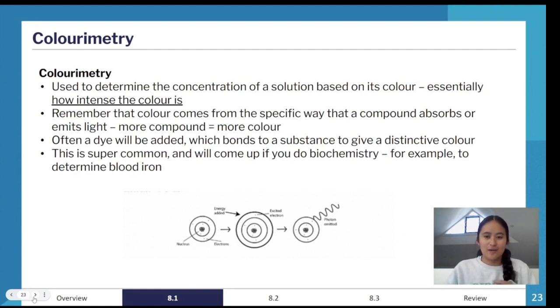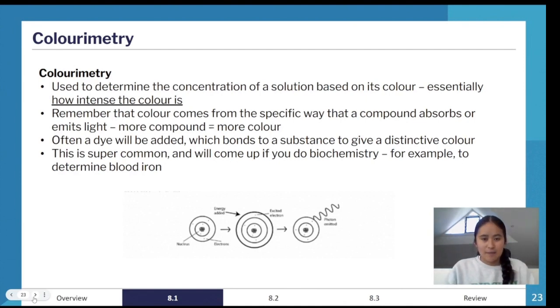It's based on how intense the color is. So some more theory behind it is just that when energy is added to the atom, it excites the electrons, and then when it goes back into its ground state, it emits a photon, and that's color.